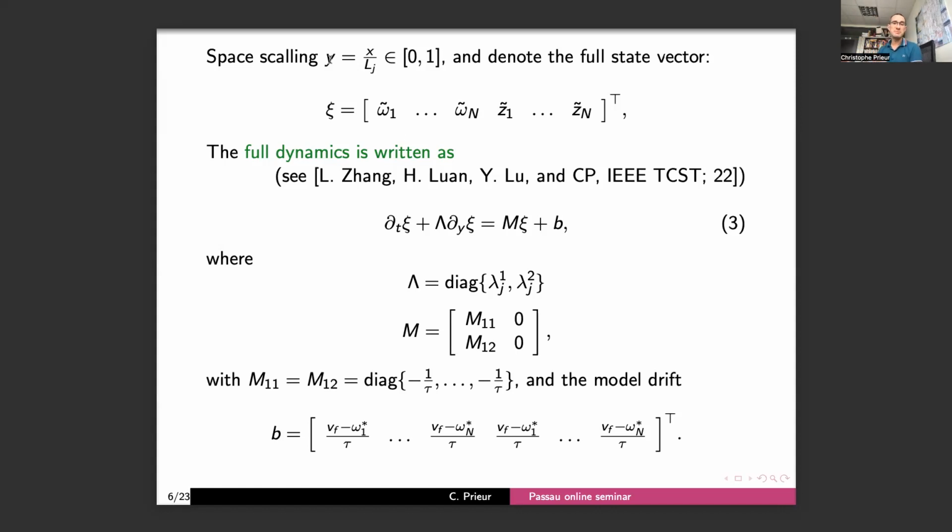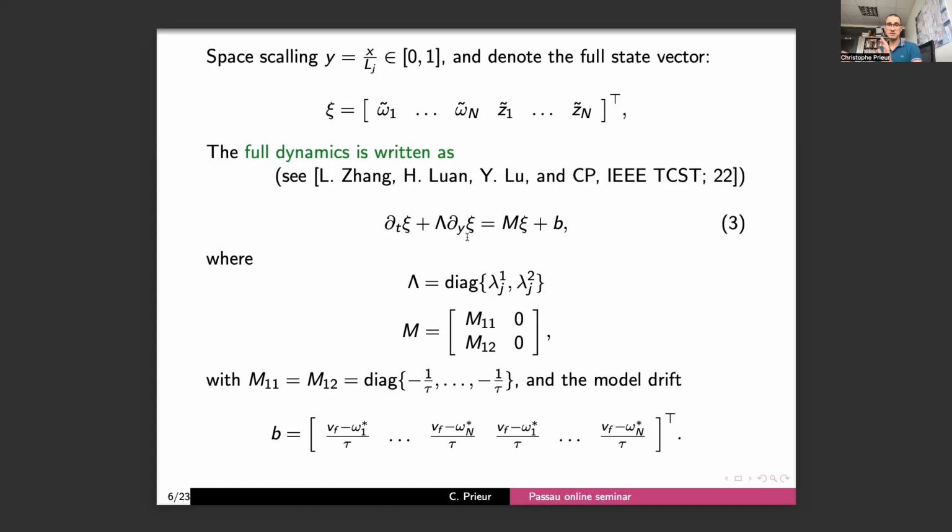And I scale the space domain, where x is the local variable inside a segment. By doing that, we have a variable y between 0 and 1 instead of x between 0 and Lj, where Lj is the length of the j-th segment. So the full dynamics is written like that.